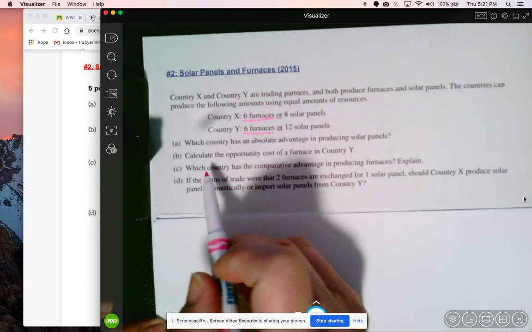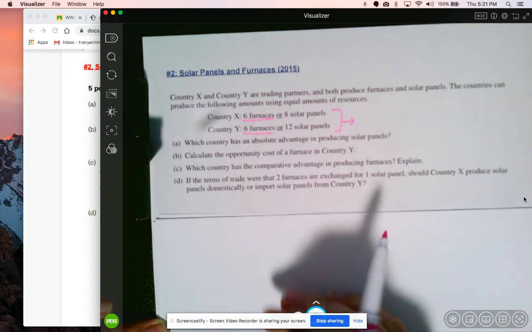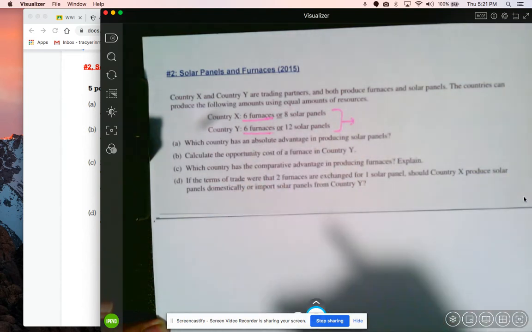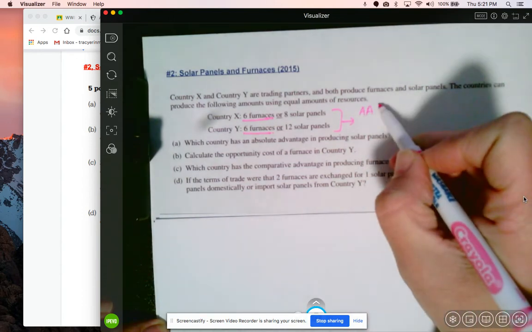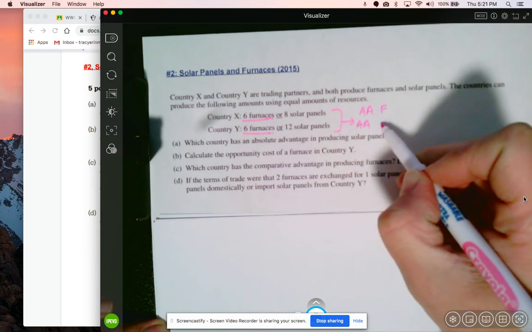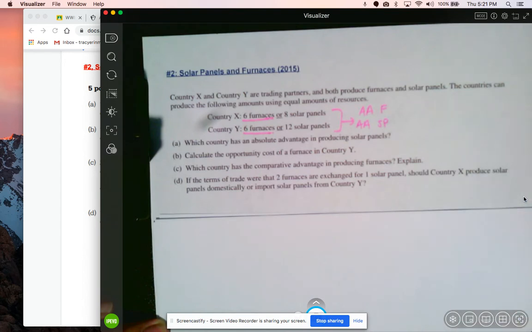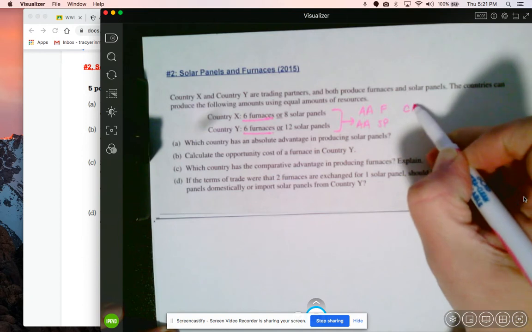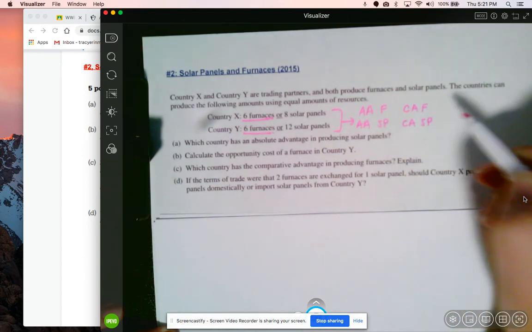So I like to break down the data before I even start thinking about what the question is asking. Typically you need to know who has the absolute advantage in furnaces, who has an absolute advantage in solar panels, because those are the two goods. And then I also want to know who's got the comparative advantage in those furnaces and who's got the comparative advantage in the solar panels.